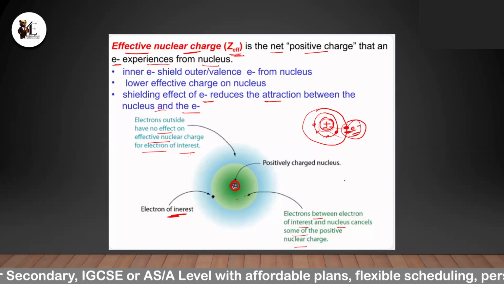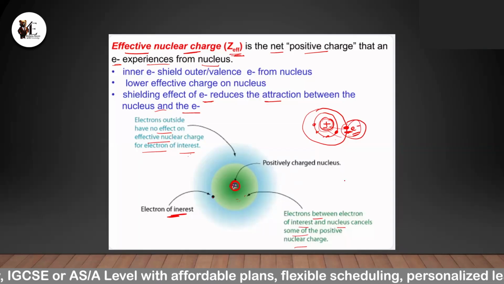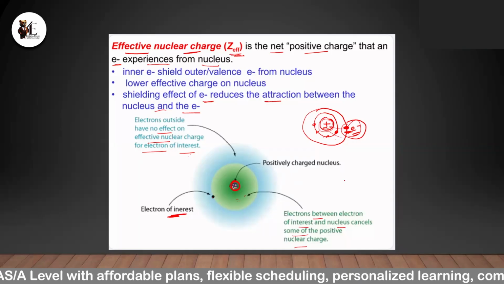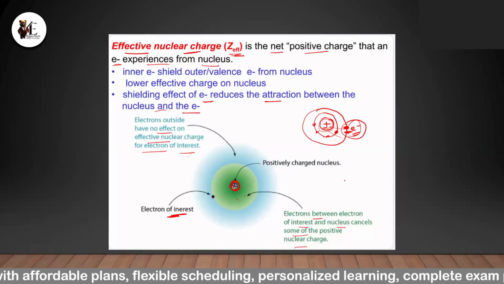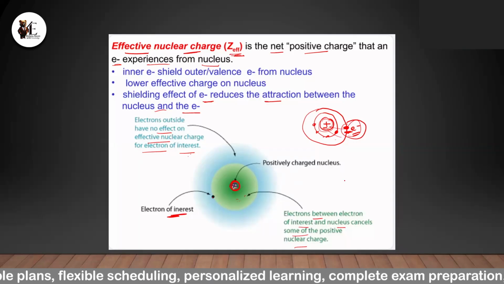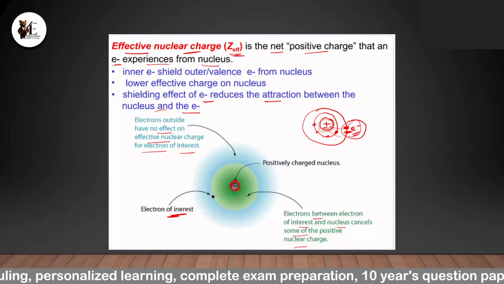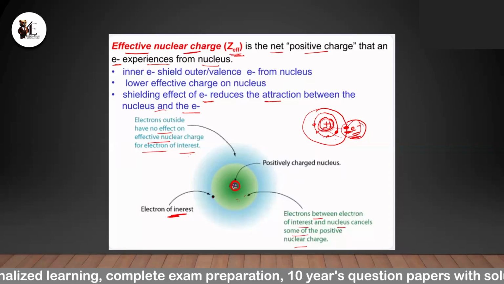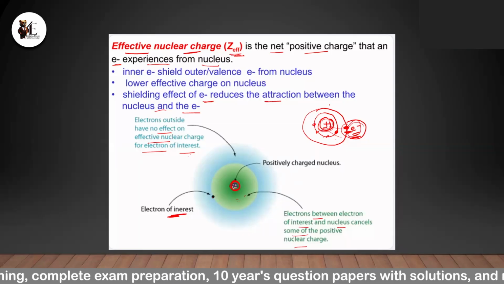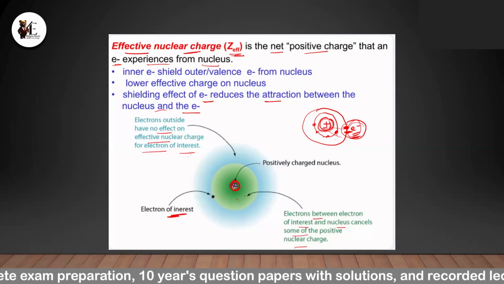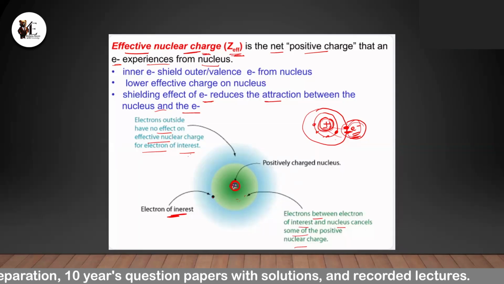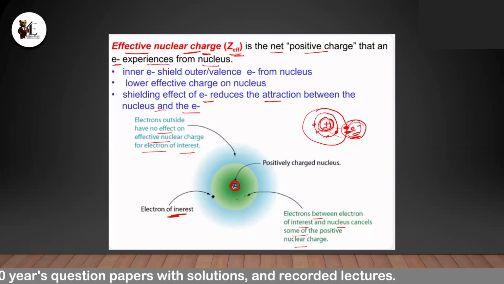And what is nuclear charge? Nuclear charge means the total charge on the nucleus, combining protons and neutrons. Effective means the charge of the nucleus which is reaching this electron of interest after considering the shielding effect of inner electrons. Is it clear?